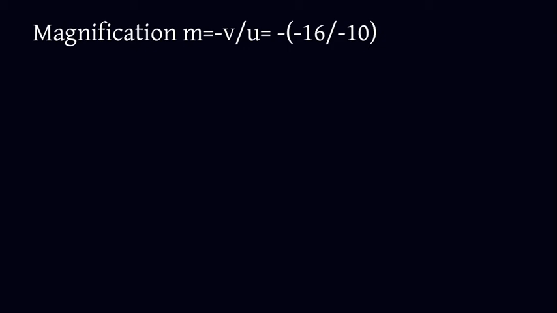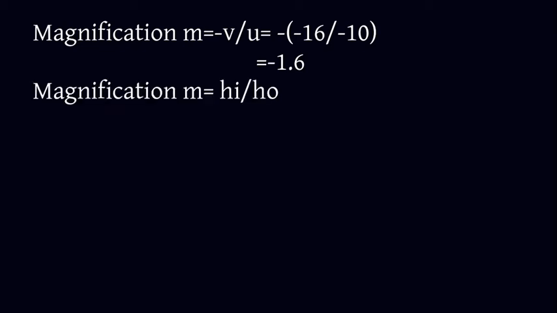Don't confuse with this one. The magnification m is equal to minus of v by u, that is minus of minus 16 by minus 10, that is equal to minus 1.6. And you see one thing, magnification has no unit, and minus 1.6 is itself.